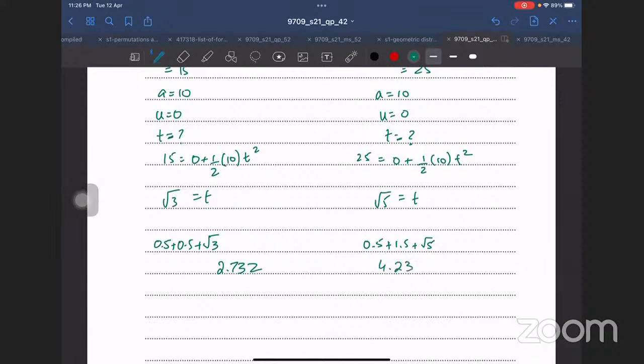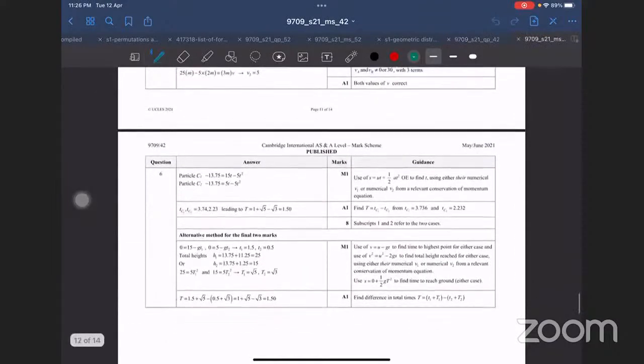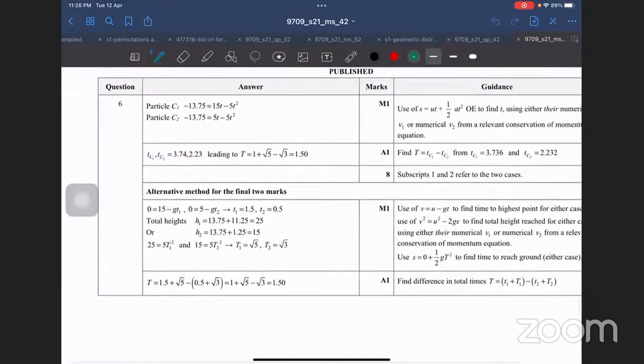So the difference between the two times is 4.236 minus 2.732, 1.504. Yes, that's the correct answer.